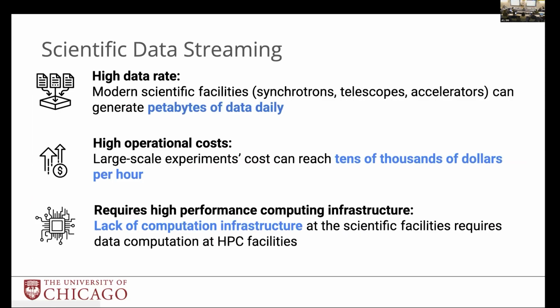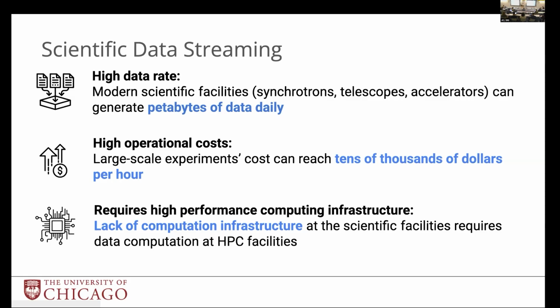With science advancing, scientific facilities like accelerators or cyclotrons produce data at a high rate that exceeds the performance or availability of the common approaches, which are storage and post-processing approaches, and they are insufficient.